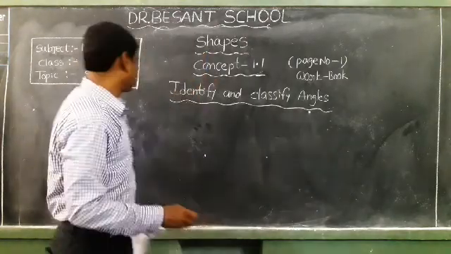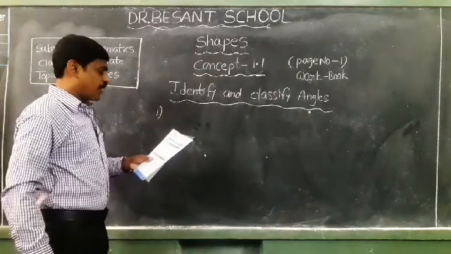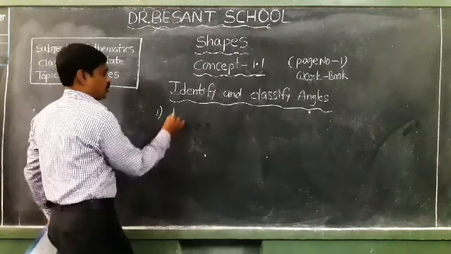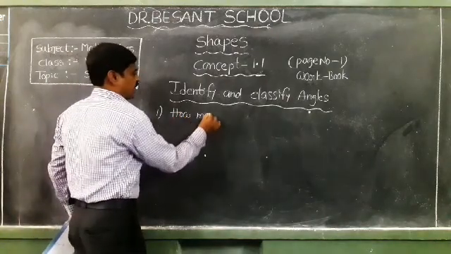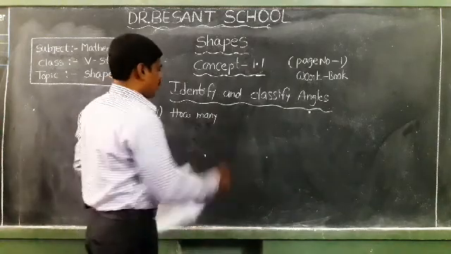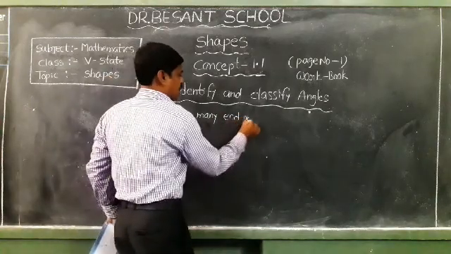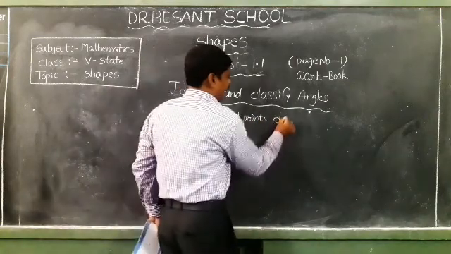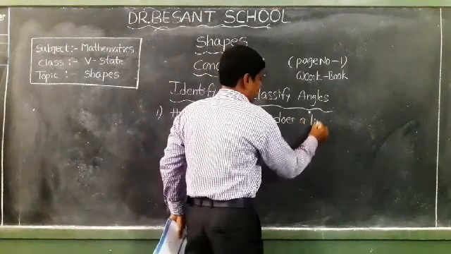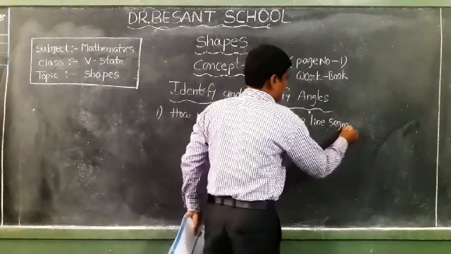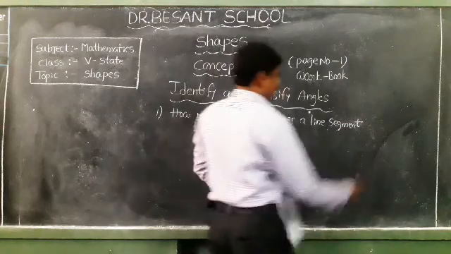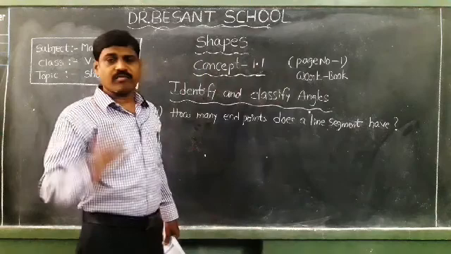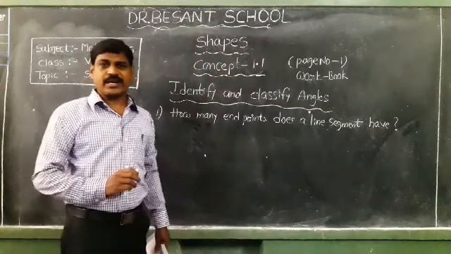The first one: how many endpoints does a line segment have? We know that a line segment has 2 endpoints.